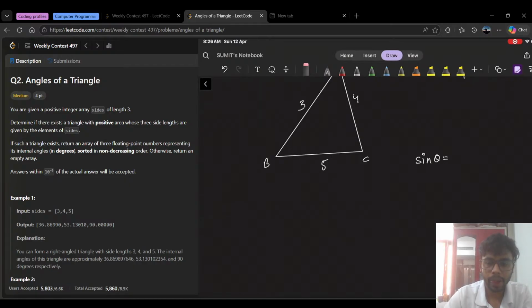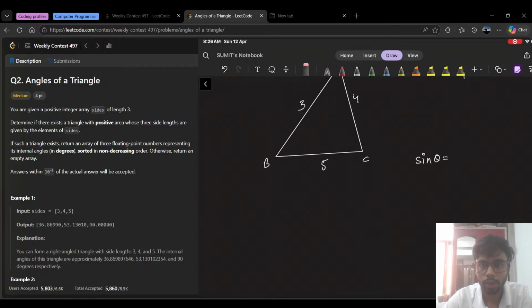Now I need to check the triangle's validity. What it should be: a plus b should always be greater than c.